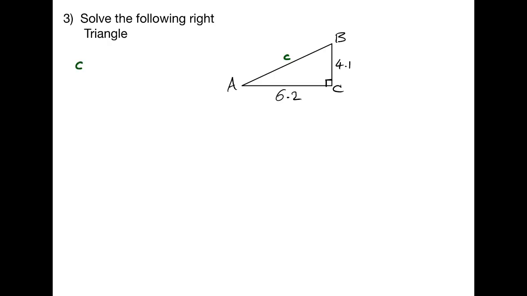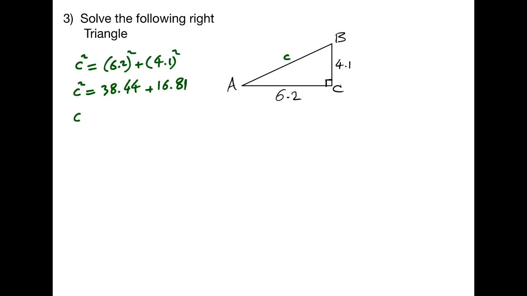So C squared equals 6.2 squared plus 4.1 squared. 6.2 squared is 38.44 plus, and 4.1 squared is 16.81.